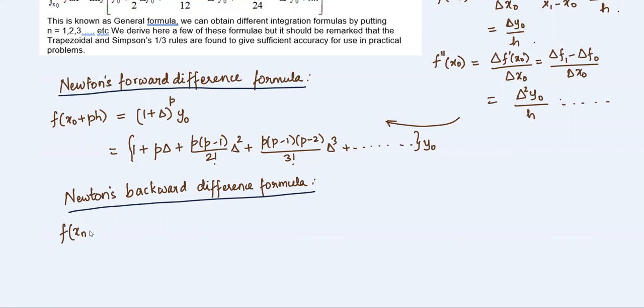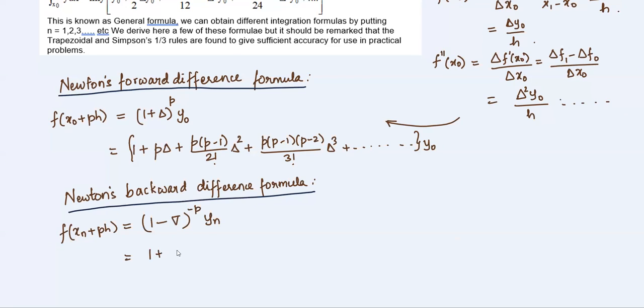So we write f of x n plus ph is 1 minus delta raised to the power minus p times yn. This is the backward difference formula.